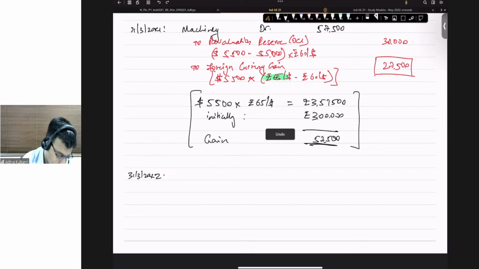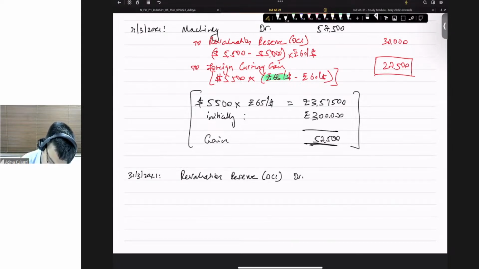So 31st March 20X1. Revaluation reserve OCI debit, to deferred tax liabilities, 17,250.